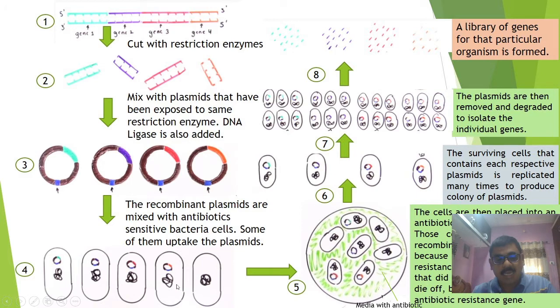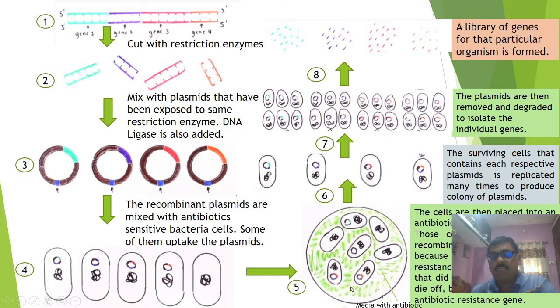Now these cells are cultured on a medium which contains the antibiotic. Say for example, this is the ampicillin resistant site, so we have to add ampicillin to this culture medium, and then grow all these cells in this culture medium. What will happen?